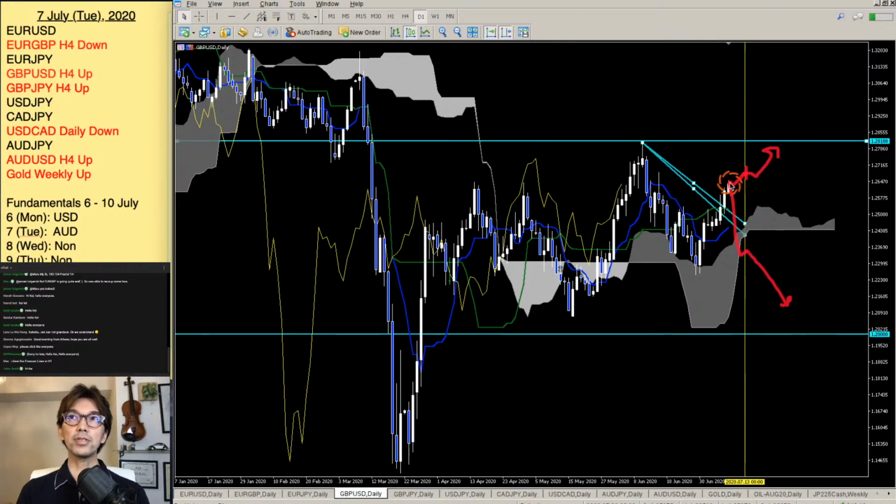And if the price happens to be right in the middle of these forecast lines, I mean right in the middle of the Kumo, Senko span A and B, then we can expect that the market will create a range for some more days. Is it clear so far? So this is how you can use the forecast lines.